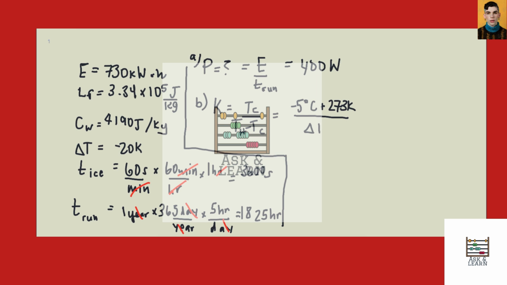Oh, never mind, that's not our delta T. This T hot minus T cold is the difference between the two reservoirs. That delta T I'll talk about later in the problem. So this difference is T hot, which is 20, minus -5.